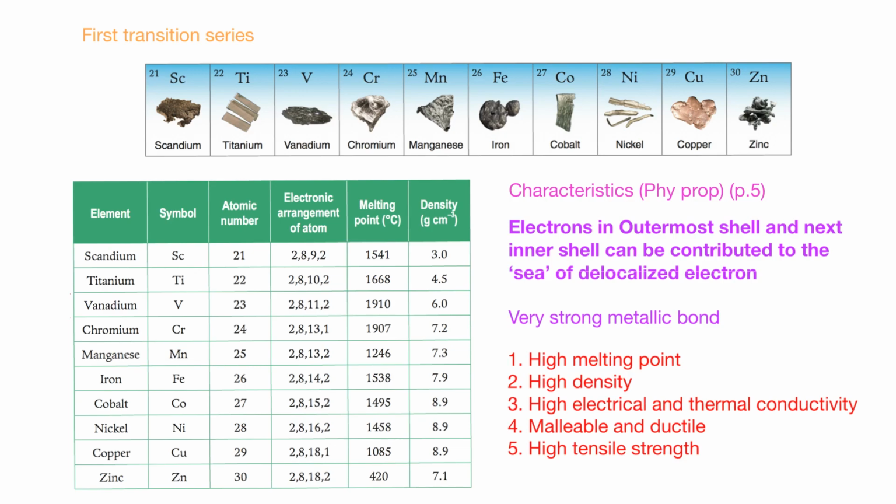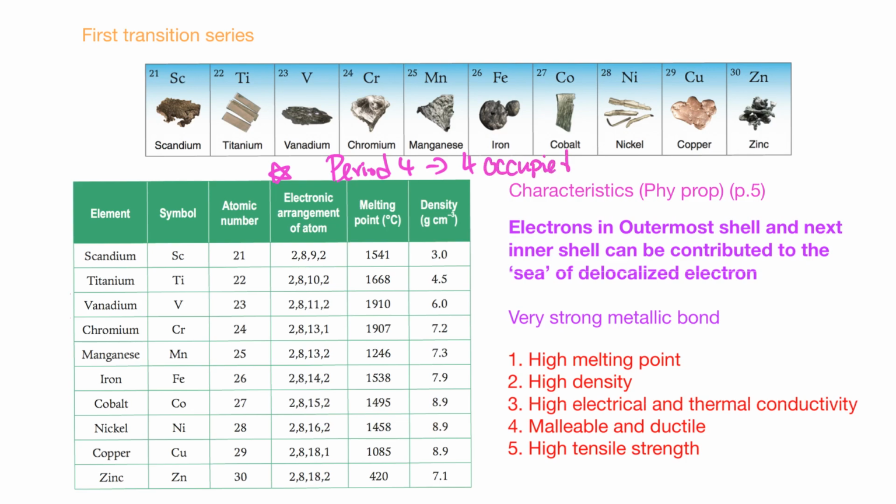So you can see it from the table down here. The one that I want you to pay attention to is the electronic arrangement only. You can find that all of them, because they are starting from period 4, will have 4 occupied electron shells.